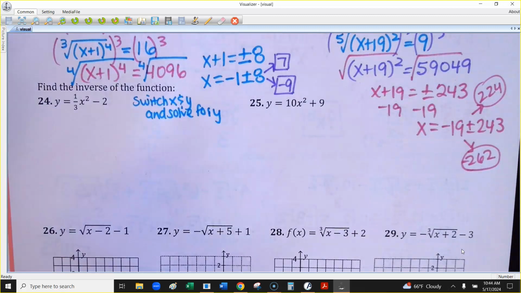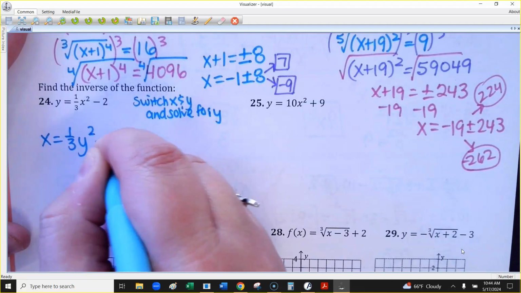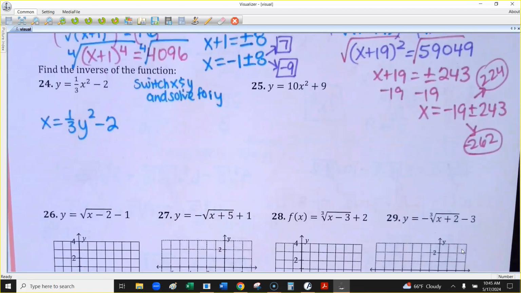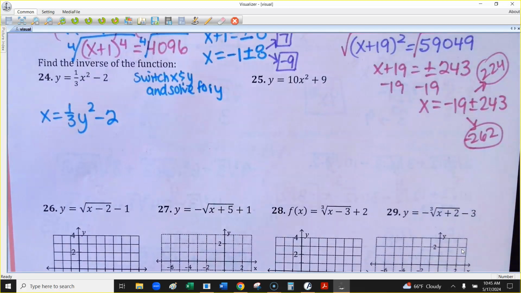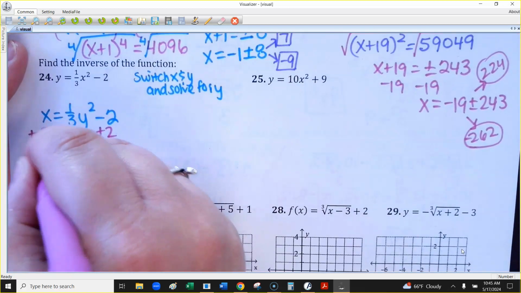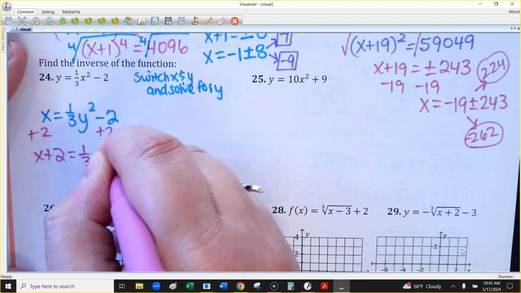So I'm going to write x equals 1/3 y squared minus 2. So that's the inverse, but I got to get y by itself to actually write it in the proper format. So first thing I would do, let's just add 2. And so I'd have x plus 2 equals 1/3 y squared.